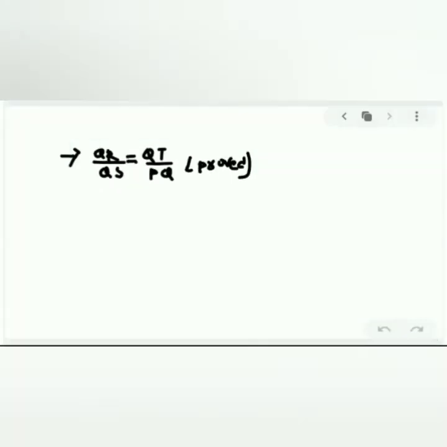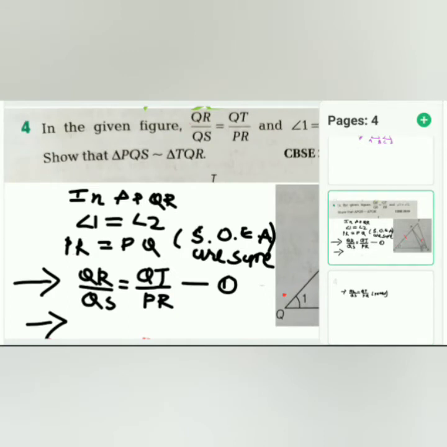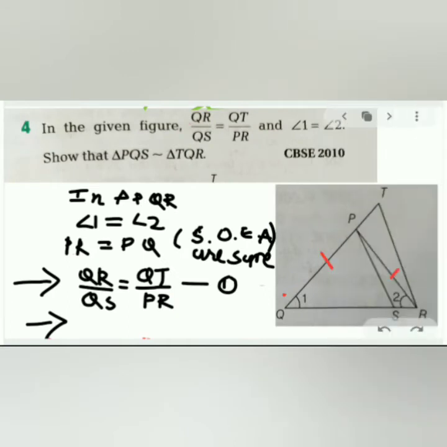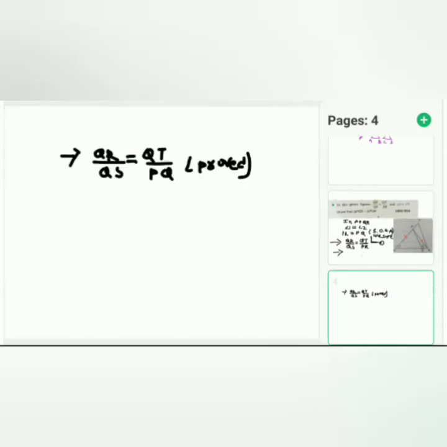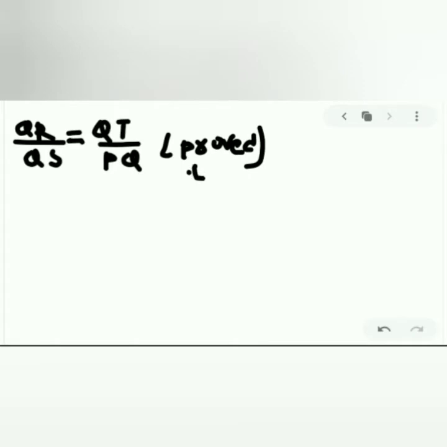Where we have proved, here we will give another name, A or anything, whatever you like. Let us give it as 1. So here we can write proved equation 1. So here we got a ratio.